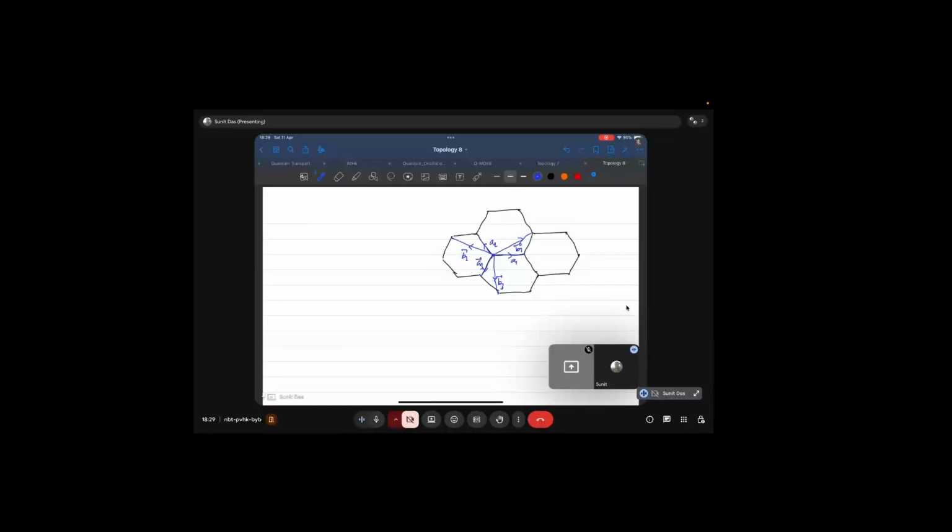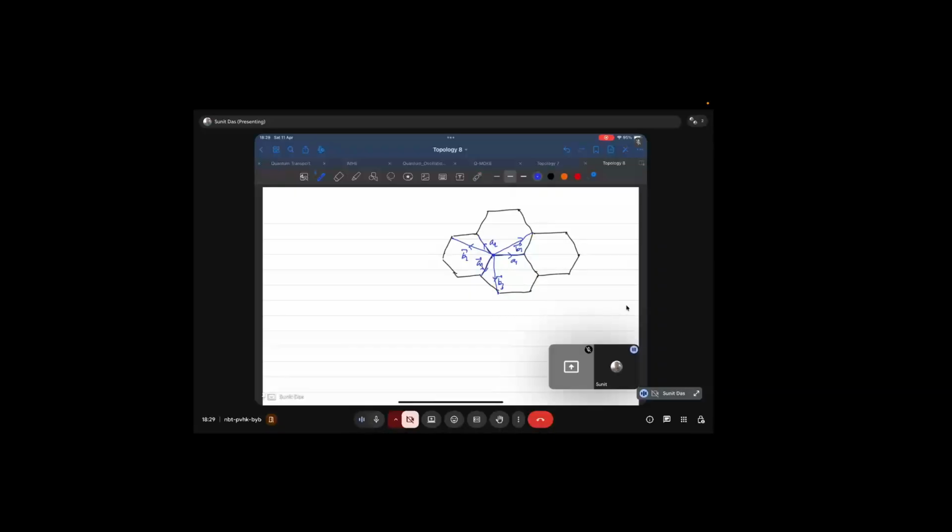The nearest neighbor vectors are a1, a2, and a3, whereas b1, b2, and b3 represent the next nearest neighbor vectors. This is my nearest neighbor, connected by this bond a2 vector, but the next nearest neighbor is somewhere here. So this is b1, and along this direction it is the same. And b2 represents the next nearest neighbor. Similarly here also.